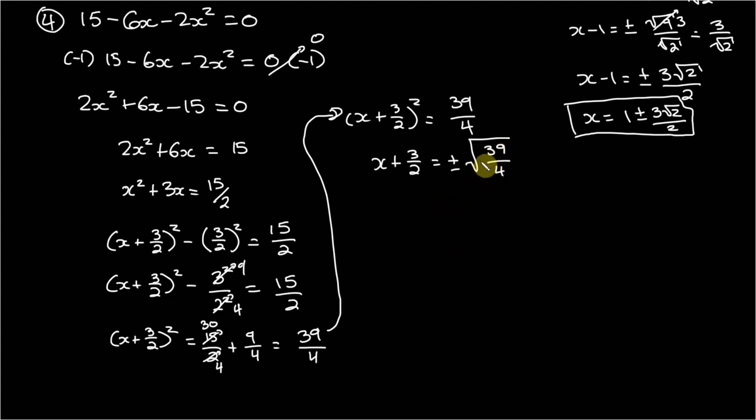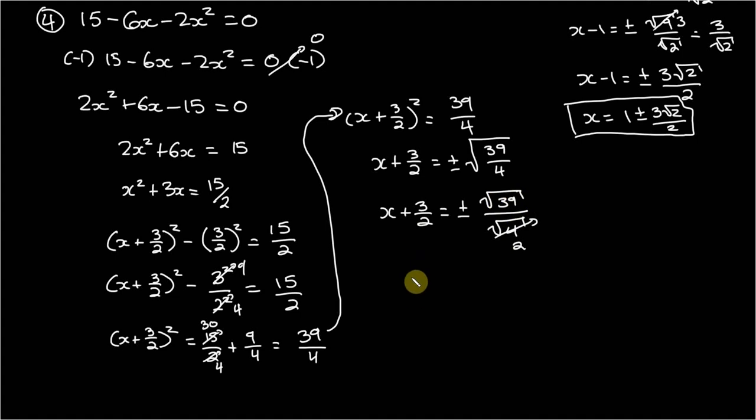And this is the same as x plus 3 over 2 equals plus minus root 39 over root 4. The square root of 4 is 2. And 39, nothing goes into it, 39 is not a perfect square, so it's just root 39.